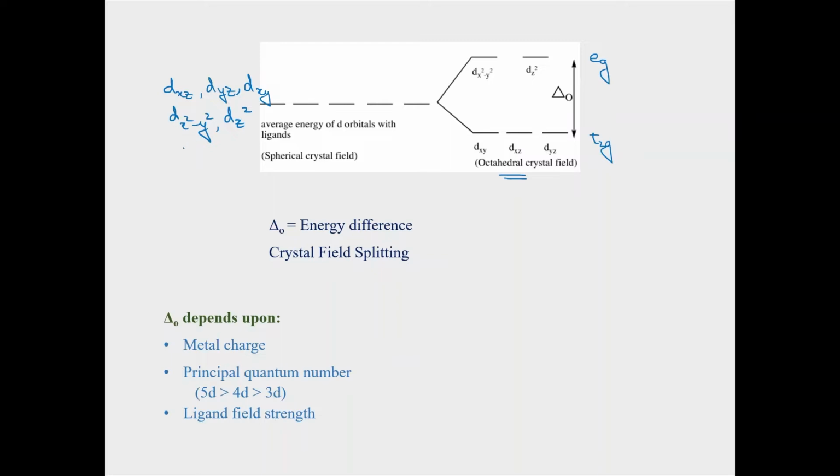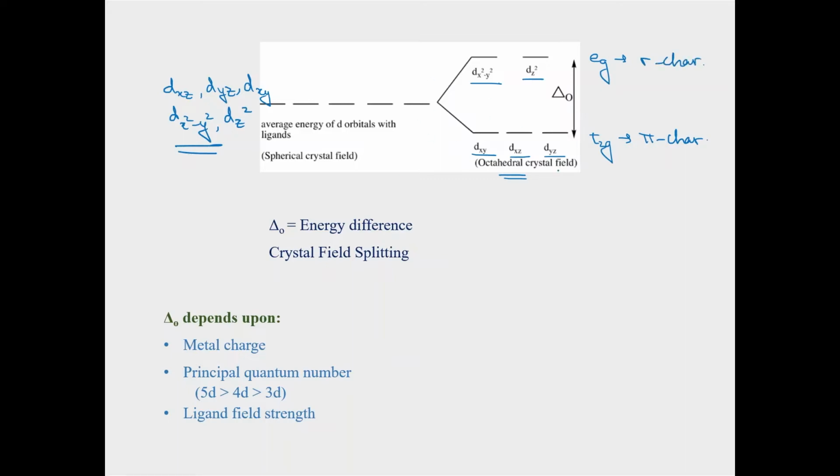Now this T2g is having dxy, dxz and dyz, whereas Eg is having dx square minus y square and dz square. T2g is having pi character and Eg having sigma character.